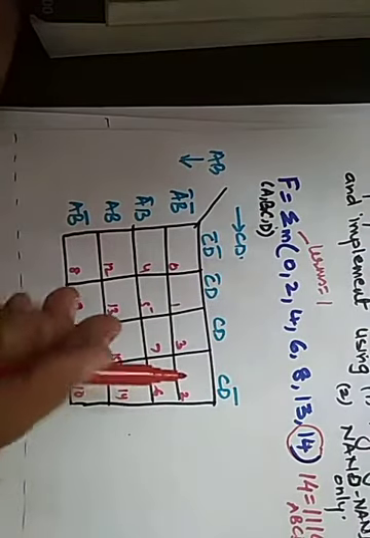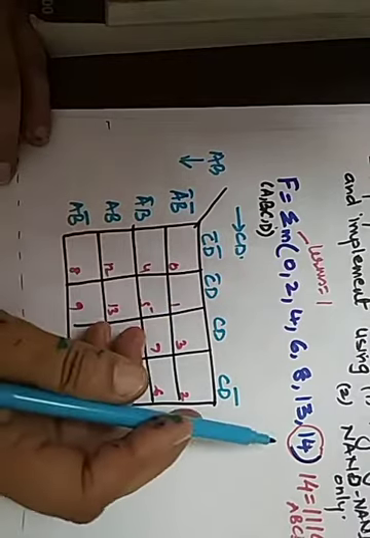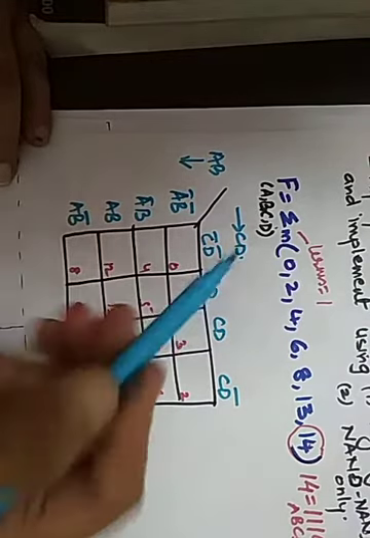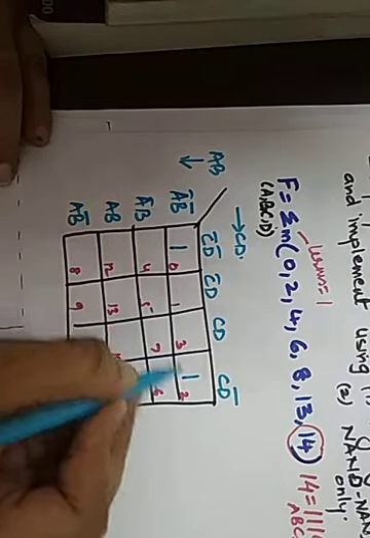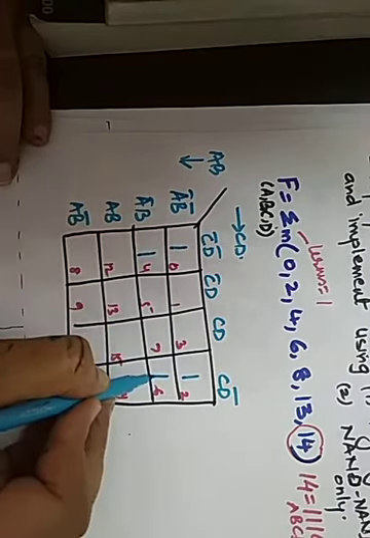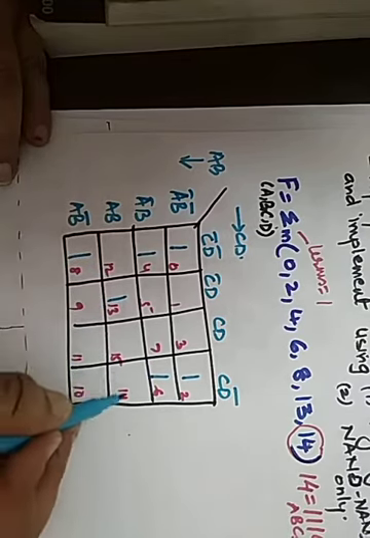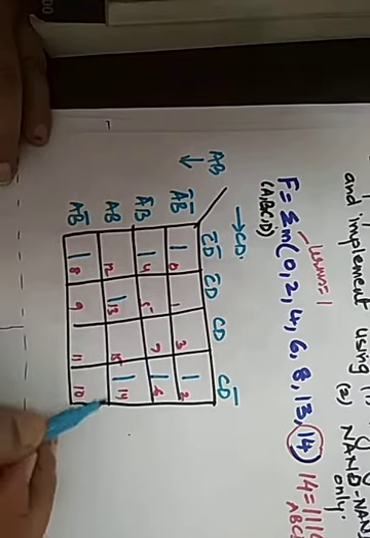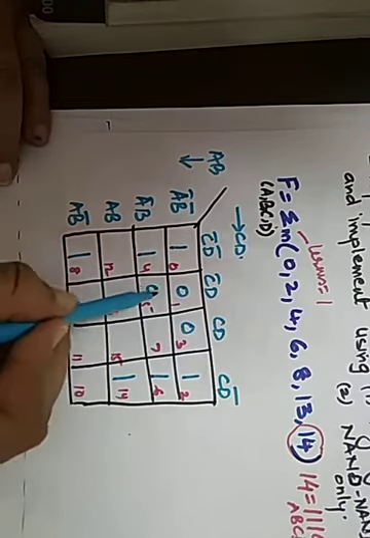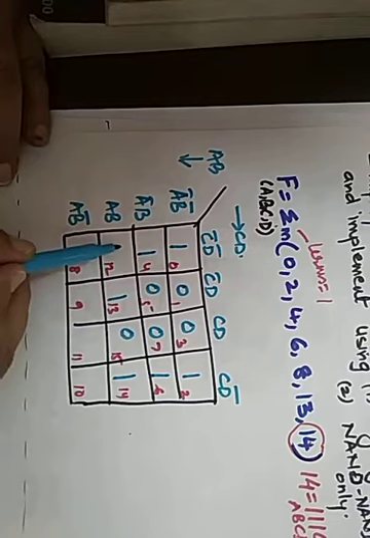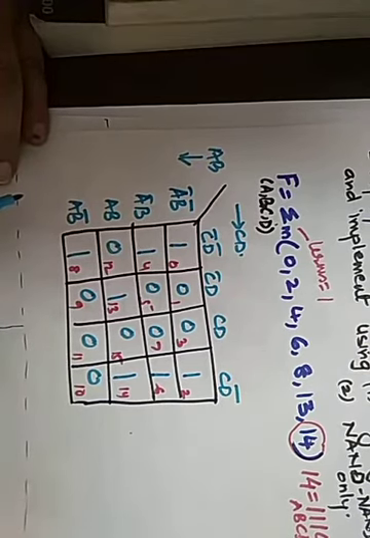So we put a 1 in the squares 0, 2, 4, 6, 8, 13 and 14. The remaining squares will be filled with zeros. So this is the first step of filling the K-map.